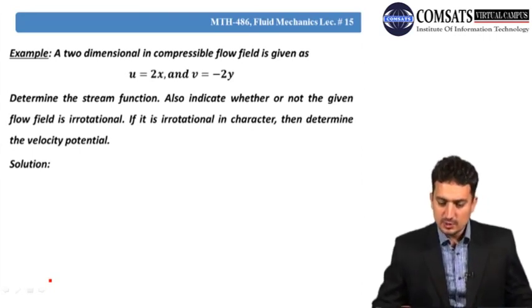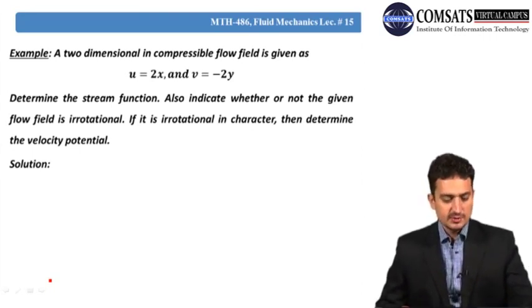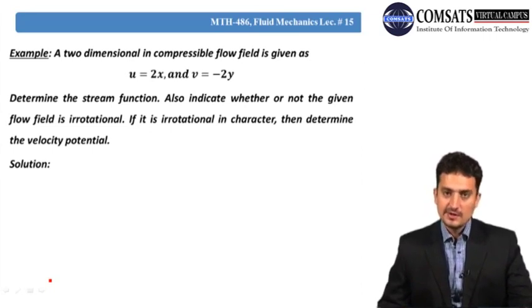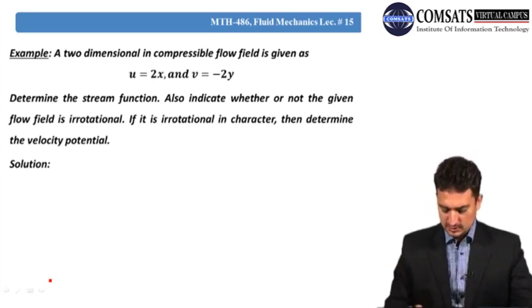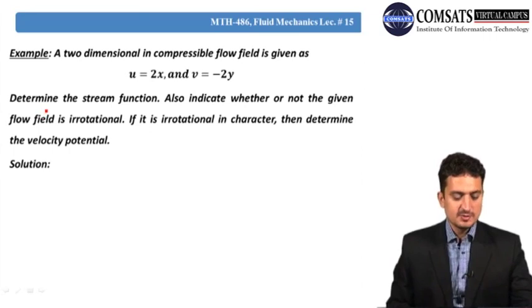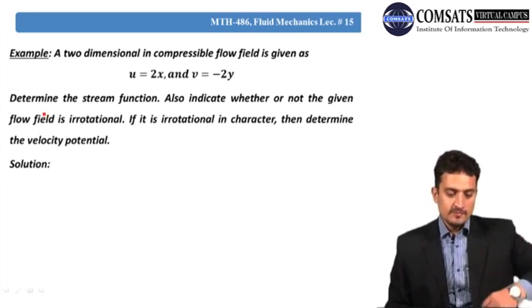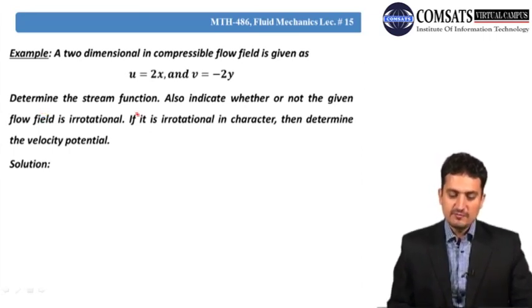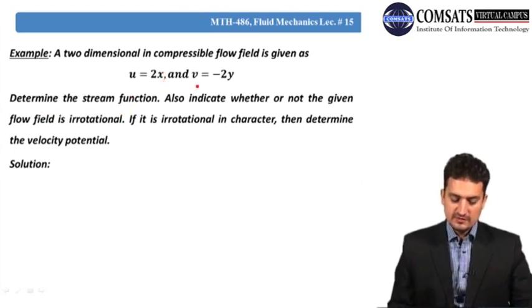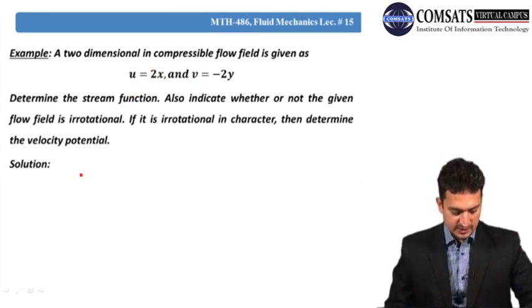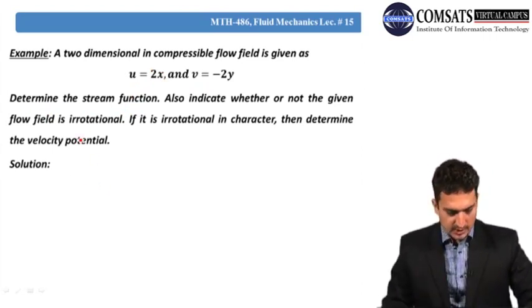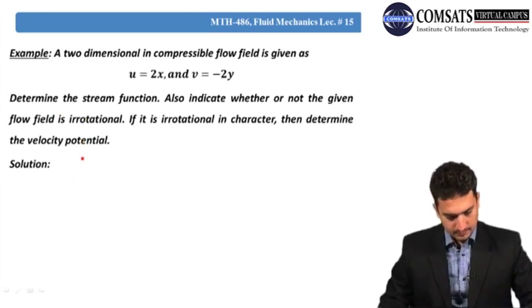If it is irrotational in character, then determine the velocity potential. देखें, to start a problem like this, सबसे पहले आप ये देखें what we have to do. We have to determine the stream function first. U is given to us, which is 2x, and v is given to us, which is minus 2y, and we have to find the stream function. So this should not be a great difficulty for you. Let's start.